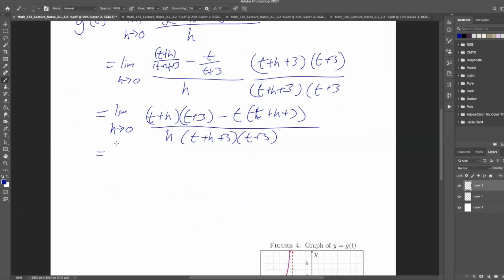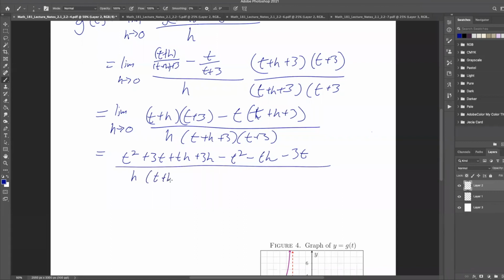From here we go ahead and expand. So we expand this out, and I get t squared plus 3t plus th plus 3h, minus t squared minus th, minus 3t, all over h times t plus h plus 3 times t plus 3.